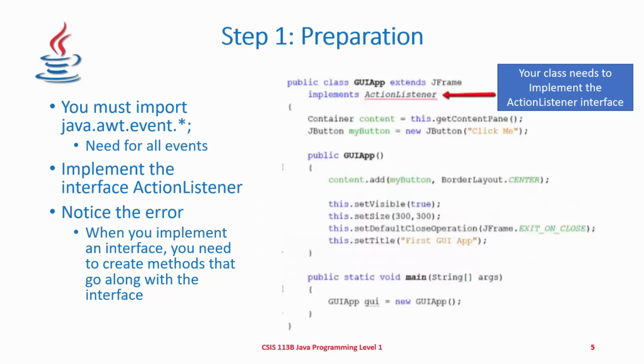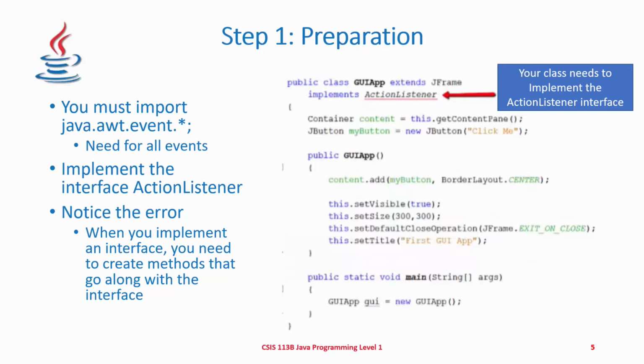Now, when you implement any interface, in this case the ActionListener interface, you'll get a red squiggly in NetBeans underneath the interface name. The reason for that is you need to implement the interface within your class, which means you need to create the methods that go along with that specific interface.